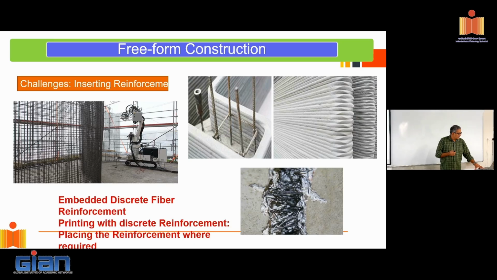One of the things people are doing with form-free construction, for inserting reinforcement, is talking about co-printing of steel with concrete. When I say co-printing, it's not hot printing, but essentially taking steel wire forms and bending them to conform to the contour shapes that the concrete gives.